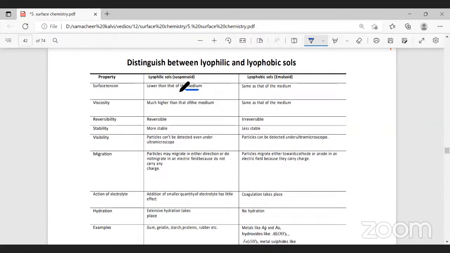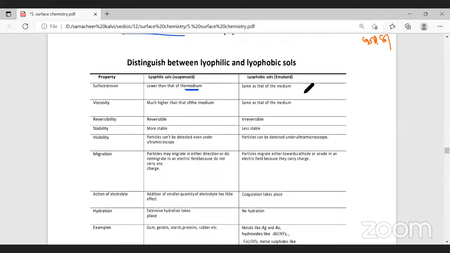So surface tension of water or any solvent will be greater than that of a lyophilic colloid. In case of lyophobic colloids or lyophobic sols, surface tension is the same as that of the medium. Because this dispersed phase and dispersed medium have no interaction, the surface tension will also have no changes. So it will be the same as the dispersed medium.